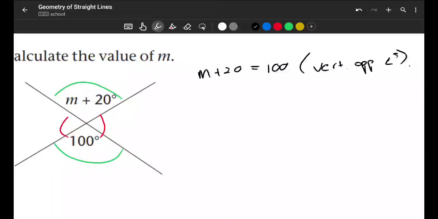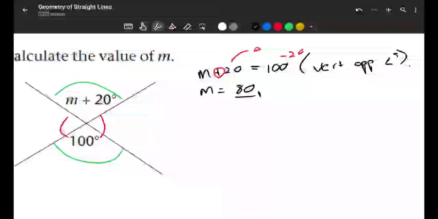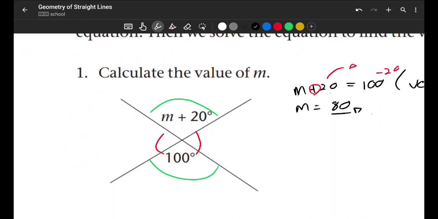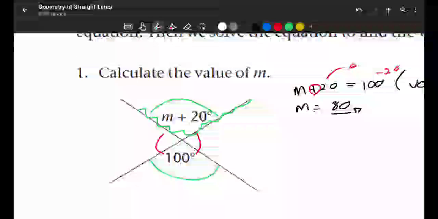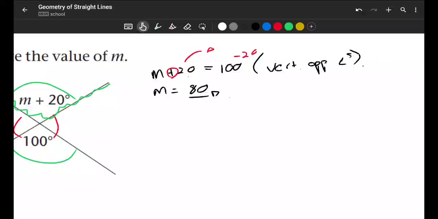Then we know that you can't add M and 20, so we're going to take 20 to the other side, and it's going to be minus 20, because it was positive here. It changes. Positive becomes negative when it goes over the equal sign, and negative becomes positive when it goes over the equal sign. Then we say M is equal to 80. Then you found your answer. Now if they had asked you to find whatever angle this is, this angle over here, we would simply do what we did before.